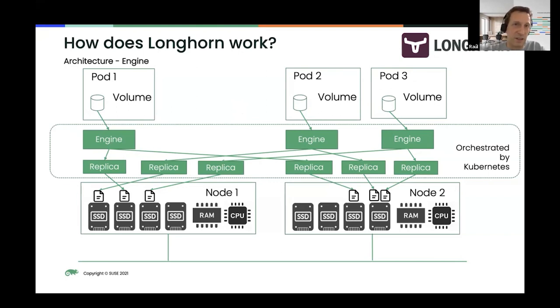The engine is a Linux process that always runs in the same cluster node as the pod that uses the volume, so it's per volume. It uses multiple replicas to synchronously replicate the volume data across multiple nodes. These replicas are also Linux processes, and each volume has at least 2 of them. This is designed this way so that if something happens with one engine, the function of the other volumes won't be affected.